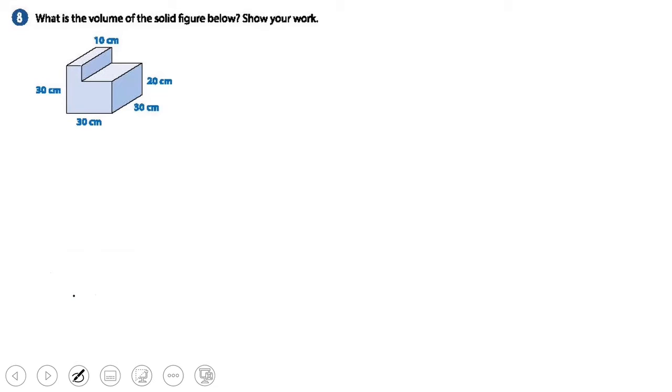I am going to break it apart right here because I'll show you why in a bit. Okay, so with that broken apart, I know the length of this bottom part here is 30. The width is 30. And the height is 20.